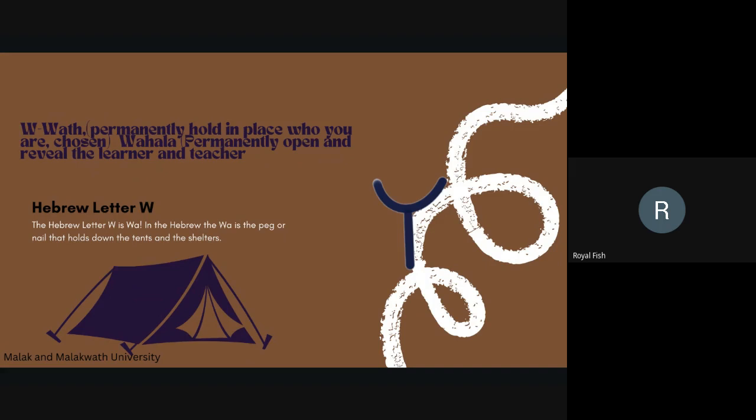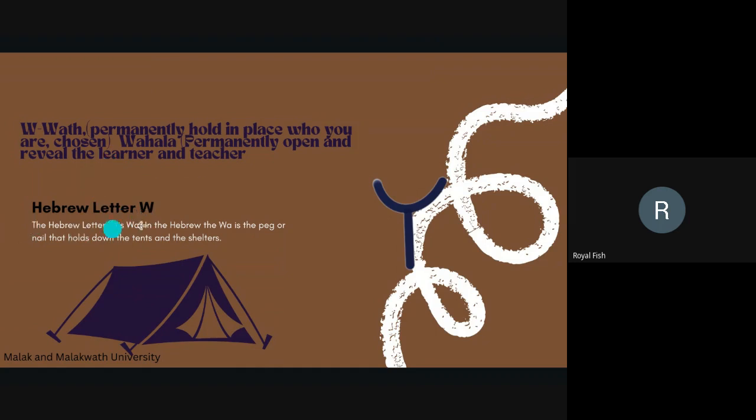When you permanently open something, it's like a book, like the Bible, you never stop learning from it, you never stop knowing about it, because that's what it is. So permanently open and reveal the learner and teacher.